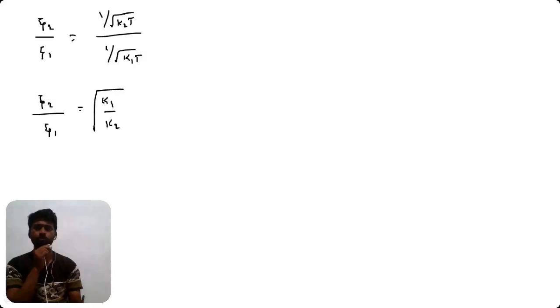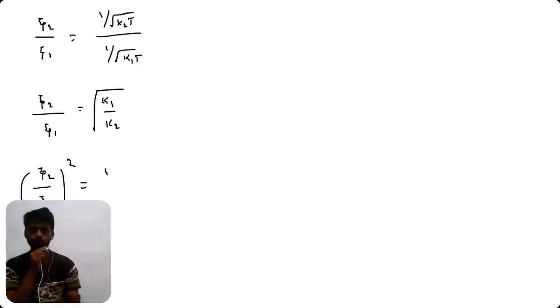Squaring on both sides, zeta 2 by zeta 1 whole square equals K1 by K2.